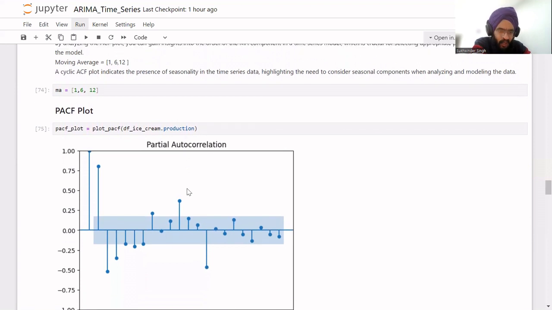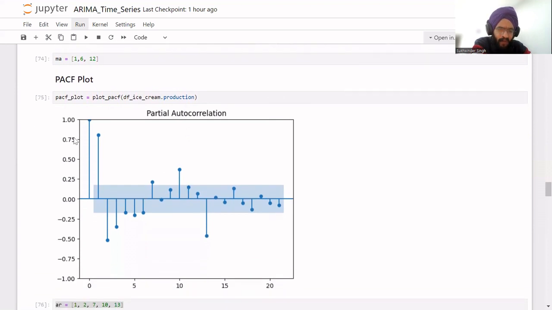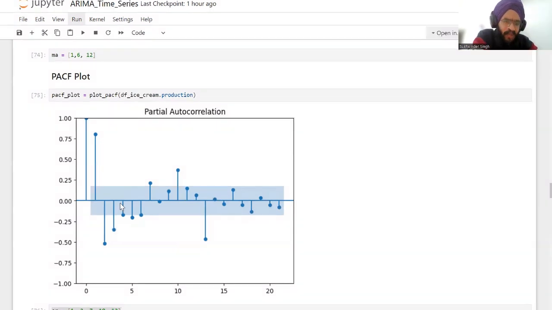In the PACF plot, we have 1, 2, 3, 4, 5, five observations. On the basis of those observations, we can apply some method for regression. So here in the PACF approach, you can see there are some points which are above the statistical significance.